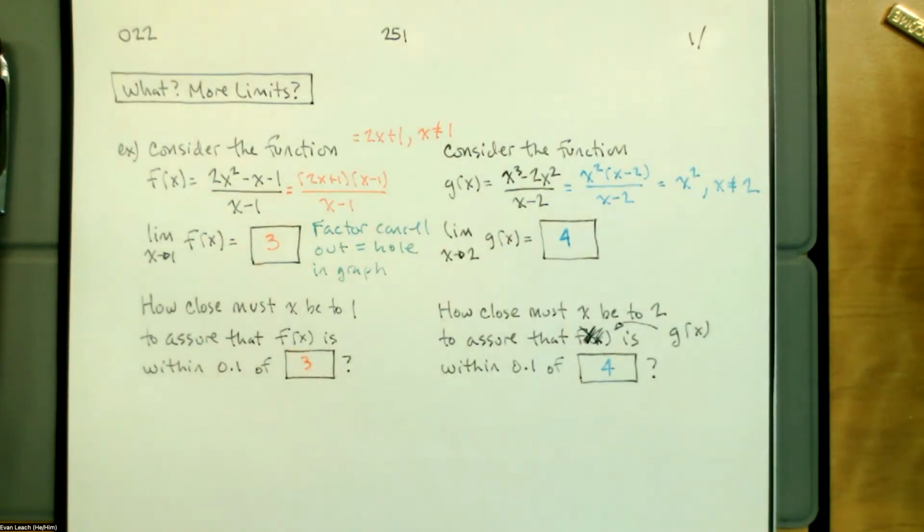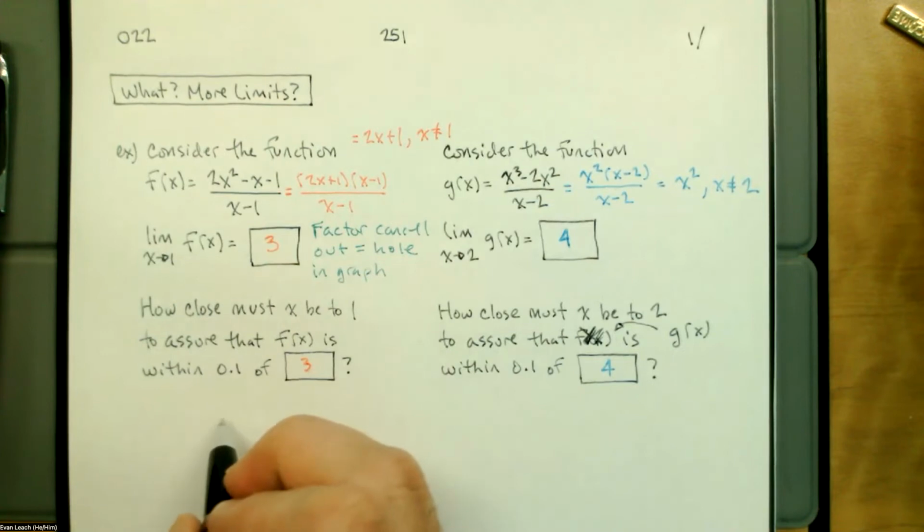So we want to figure out how close x has to be to 1 so that f of x is between 2.9 and 3.1. Now we could do this mechanically, because we like that.